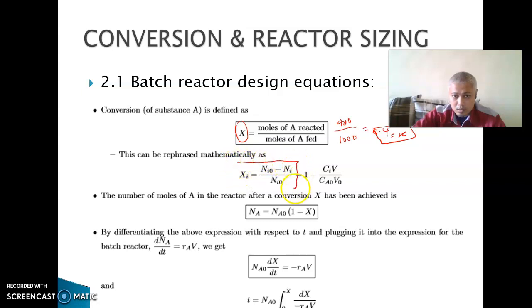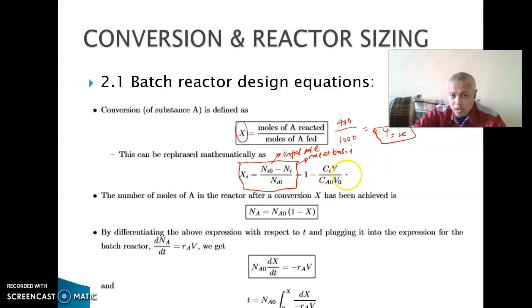Where Ni naught is the initial mole, and Ni is the mole after a certain time. How do we get this one?